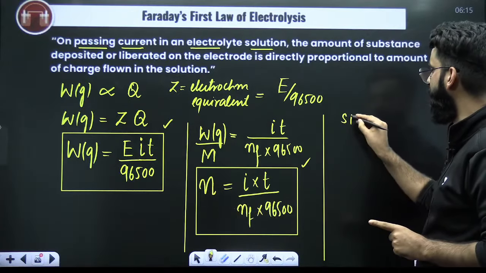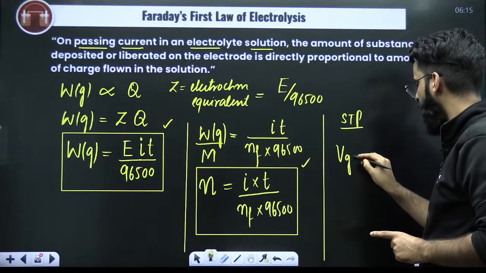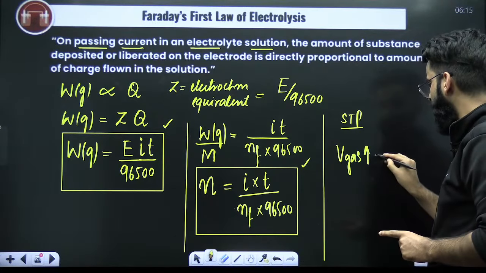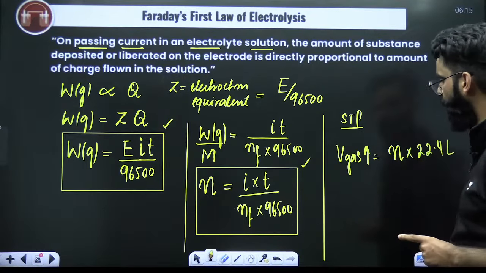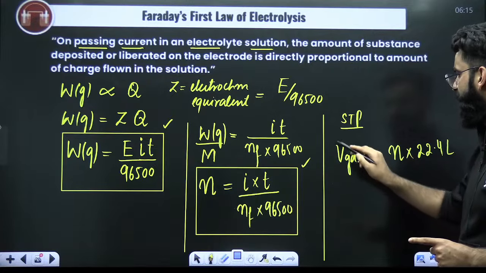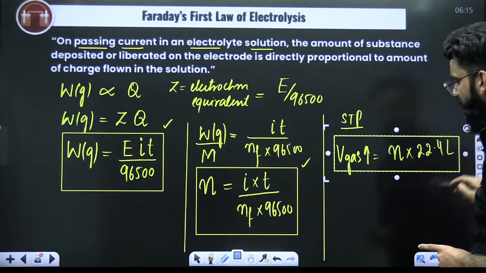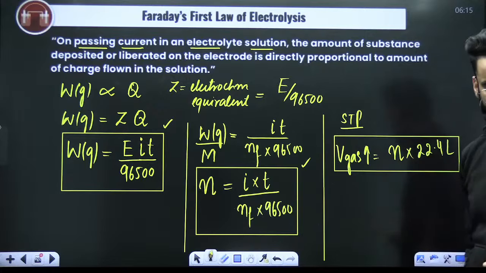And once you calculate the moles, you will say the volume of the gas liberated is equal to the moles of the gas liberated multiplied by 22.4 liters. Right? This is how you do it.